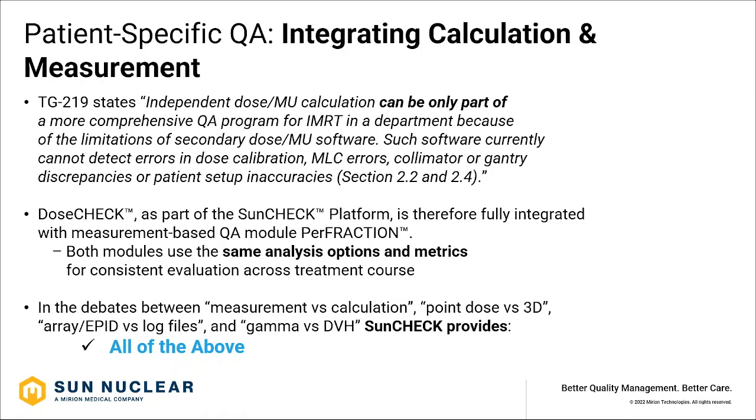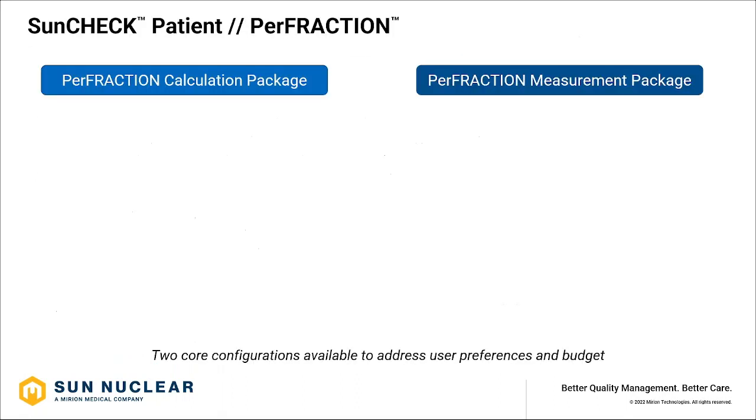And you do have the option to compare both measurement versus calculation-based methods, as well as the option to use a measurement array, or EPIDs or log files for additional QA. You are able to do so within the SunCheck platform.